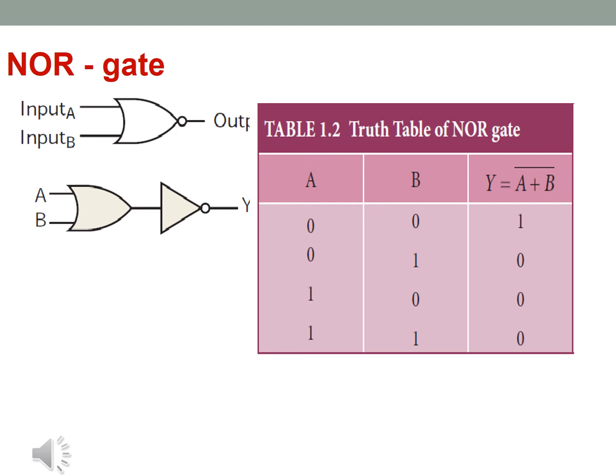Next 0 1, that is 1, and taking the complement means 0. 1 0, same, taking the complement. 1 1 means 1. This is the difference between NOR gate and XNOR gate.